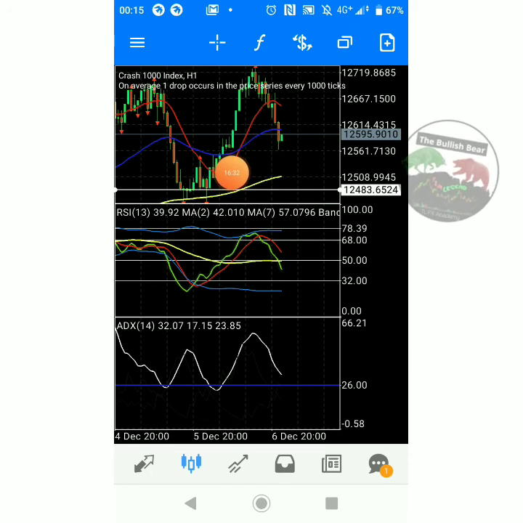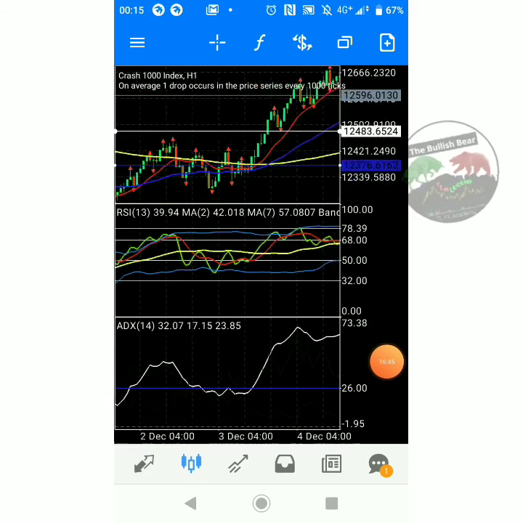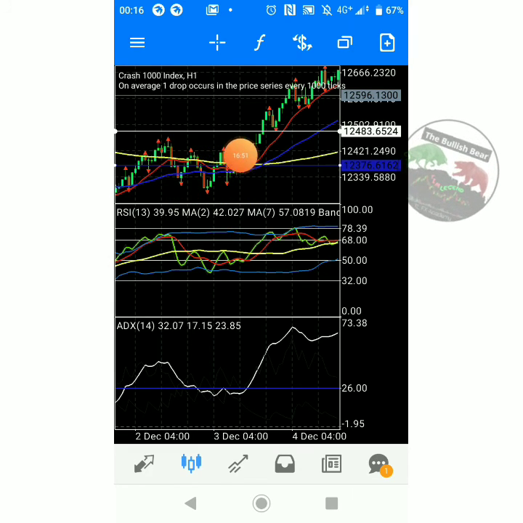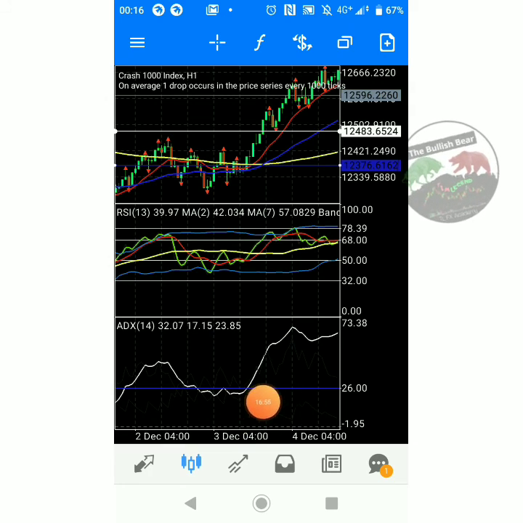After consolidation, a decision is made, which is either it goes up or down, isn't it? So this is a consolidation area where there is indecision in the market, and as you can see, it was below 26. Below 26 is an indecision period. You can see this is a range. So whenever it's below 26 is an indecision period.